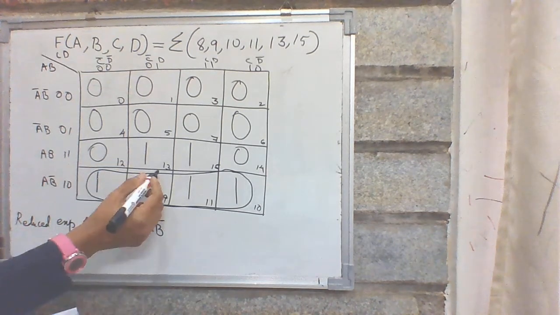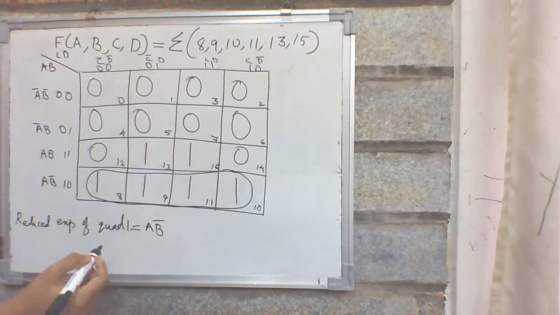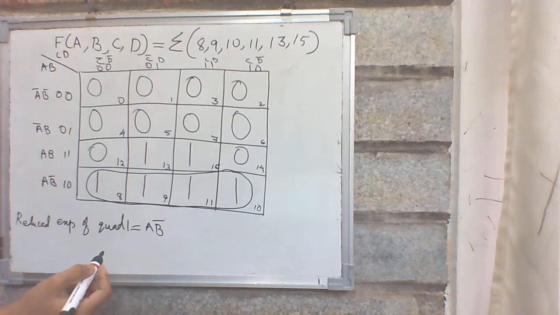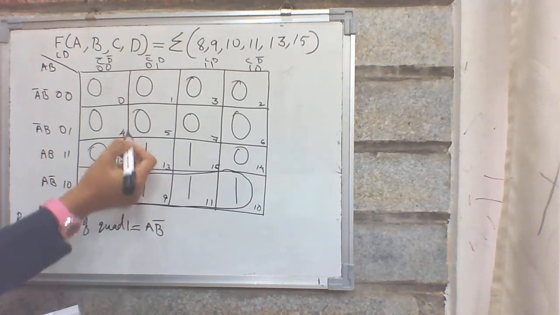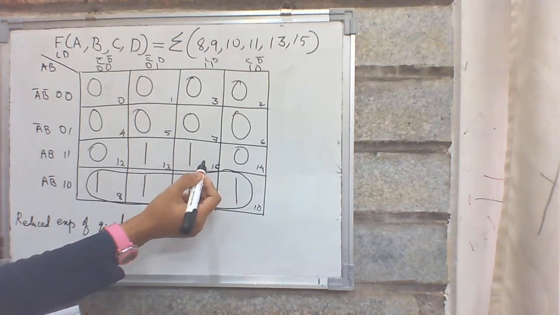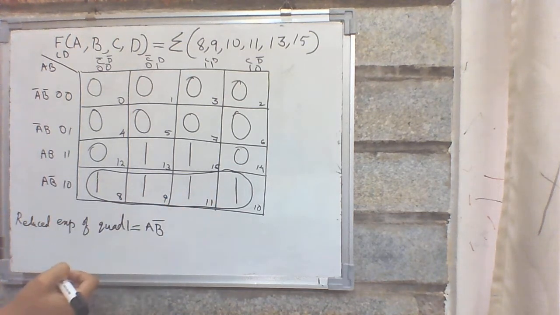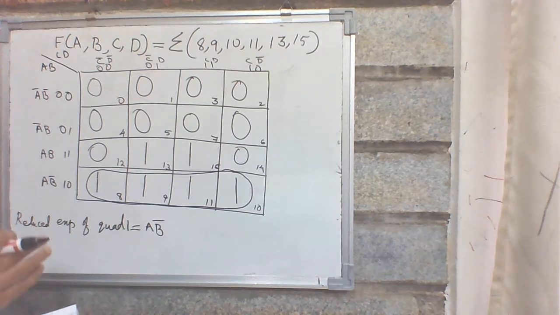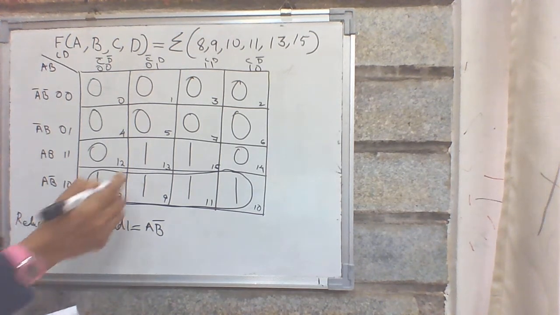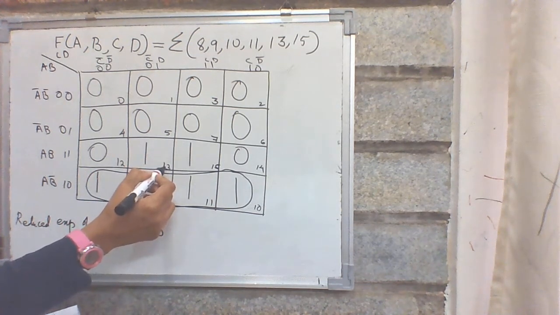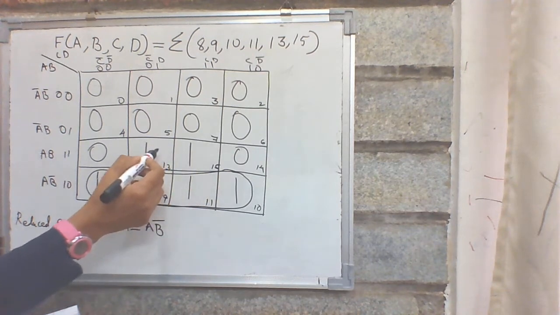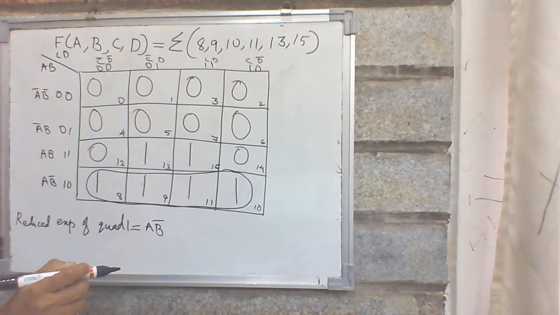You don't form this 13 and 15 as a pair, because we can make 13, 15, 9, 11 as a quad. If there is a quad, you have to circle that quad, not a pair. We can make 13 and 15 a pair, but that is not the correct way.